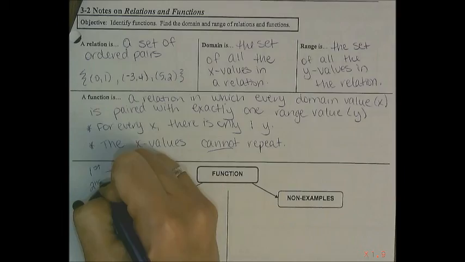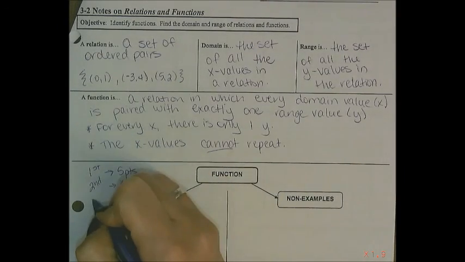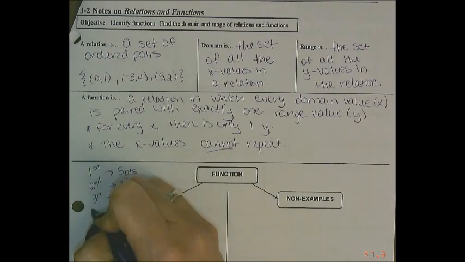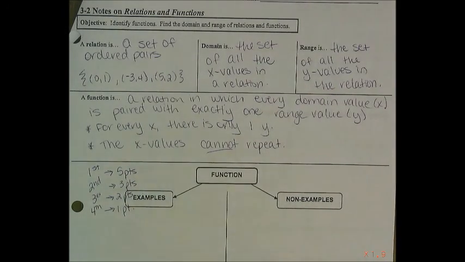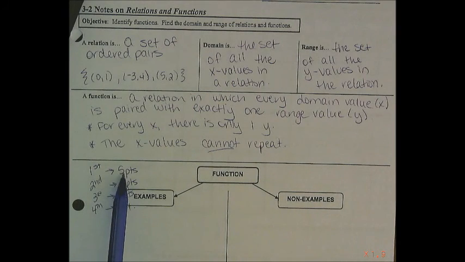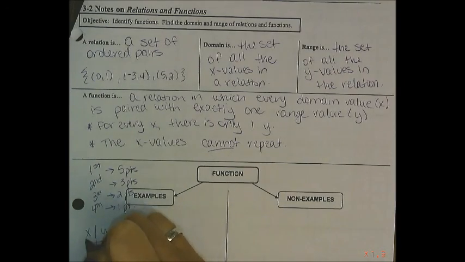Your second place finisher gets 3 points. Your third place finisher gets 2 points, and your fourth place finisher gets 1 point. Okay? So for every place that you finish, there's only one type of point that you get for that.